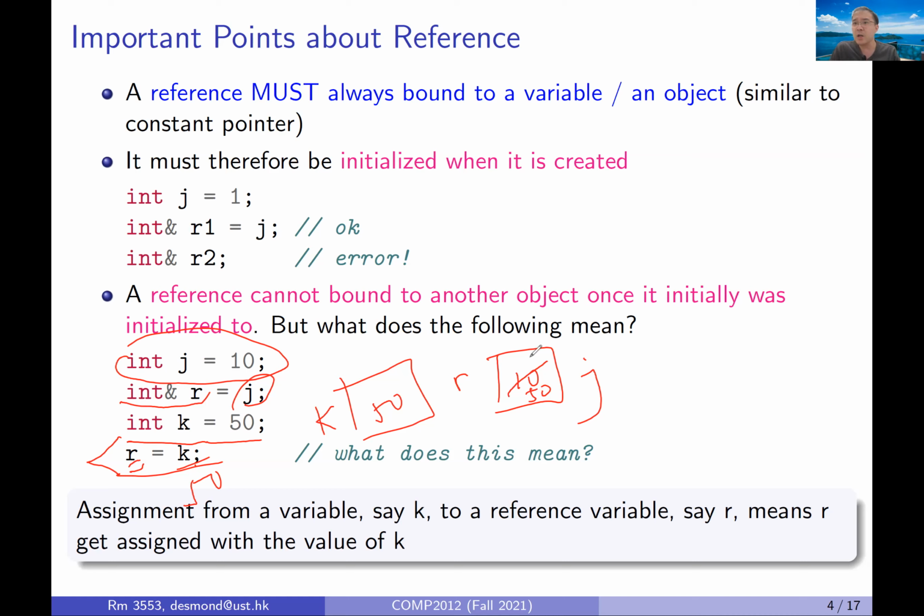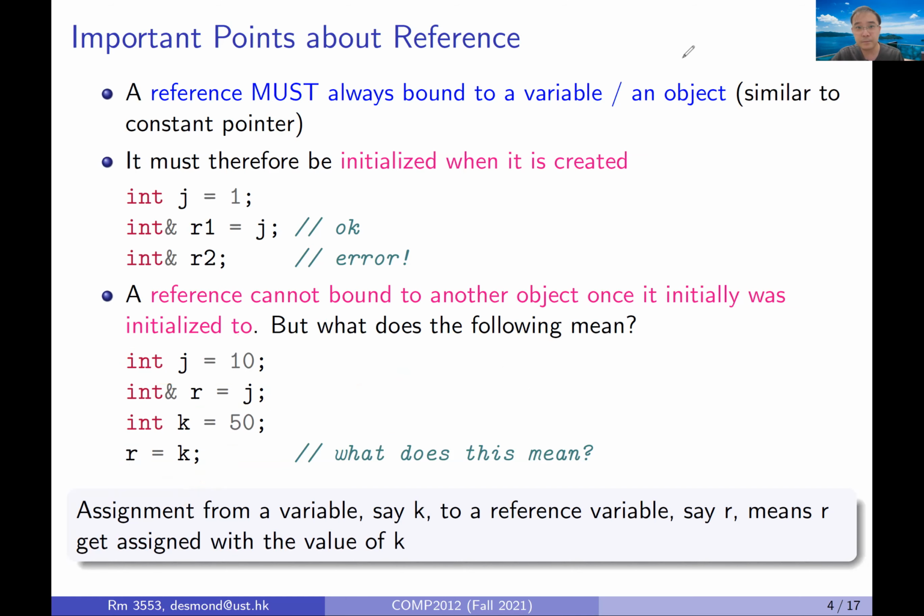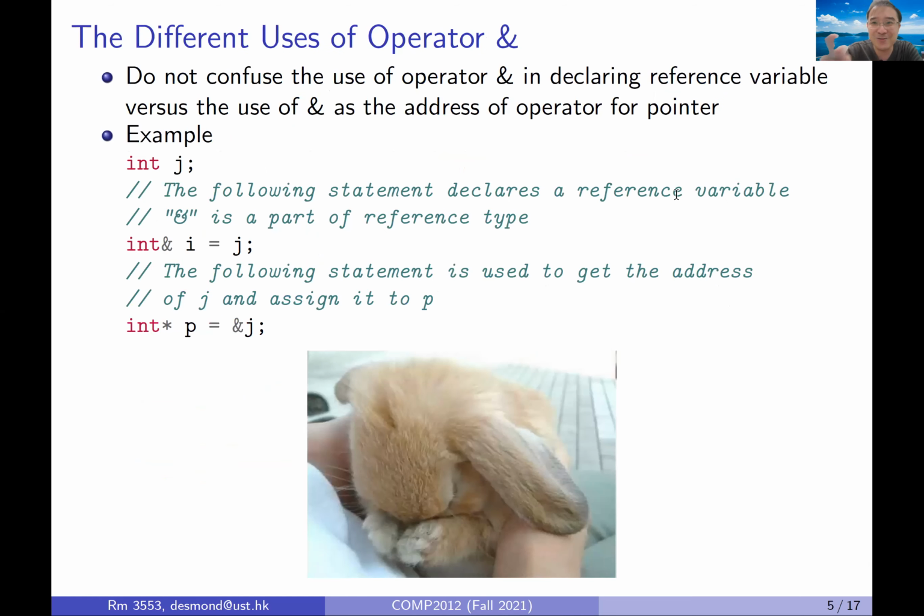In other words, I'm telling you, once you define a nickname and bind it to a variable, it's forever. You cannot take it back and give it to another variable. No way. Don't think too much. Okay, this one. What is this?